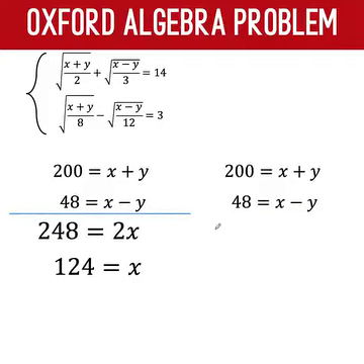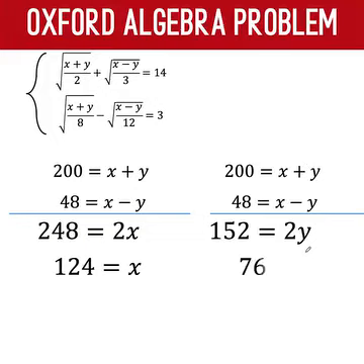Then using again the same system of equations, this time we are going to subtract so we can solve for y. 200 minus 48 is 152. x minus x is 0, but y minus negative y becomes y plus y, or 2y. Dividing by 2, we have y equals 76. And so we now have the values for x and y. x is 124 and y equals 76.